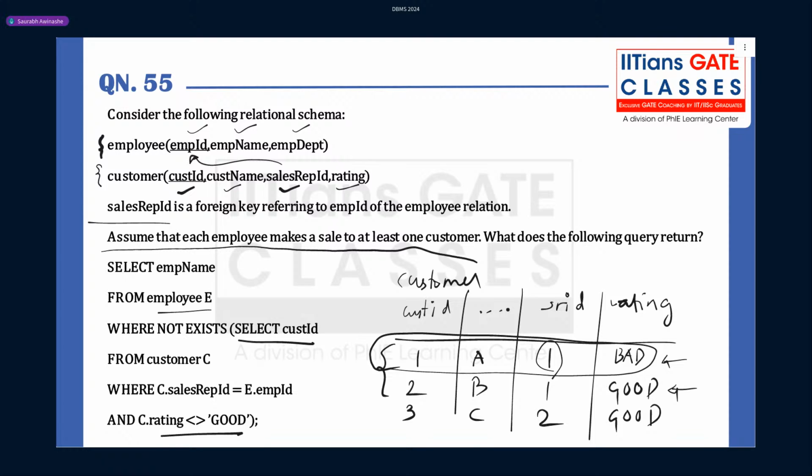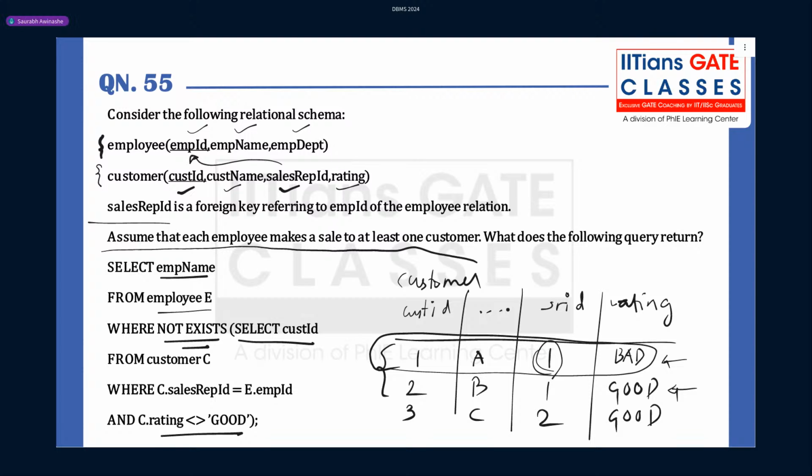Okay. And once the inner query is evaluated, we are saying not exists. So which means since one tuple is returned, not exists would return false. And employee name of employee ID one will not be displayed. Right.